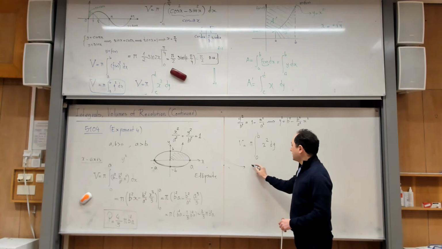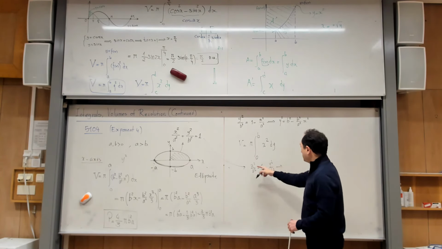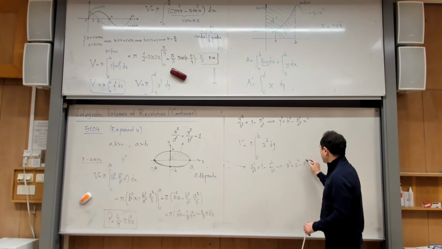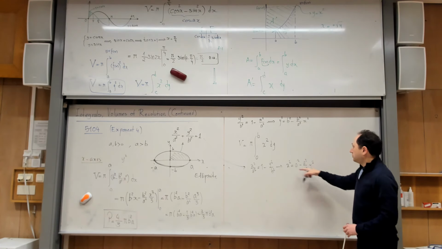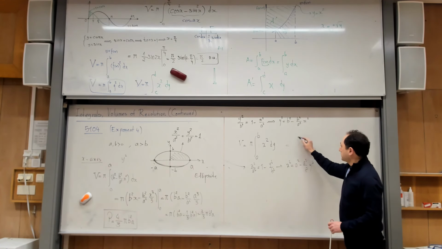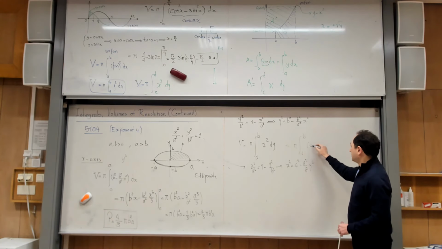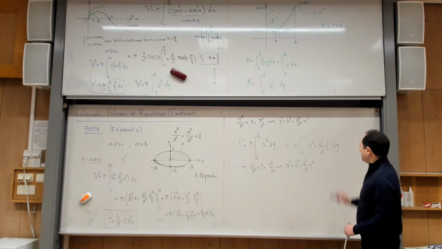So x squared over a squared becomes 1 minus y squared over b squared. Then I multiply everything by a squared, so it becomes a squared minus a squared over b squared y squared. And then I put it back in this formula. So this becomes pi integral from 0 to b of x squared, which is this one, and then I will have dy.